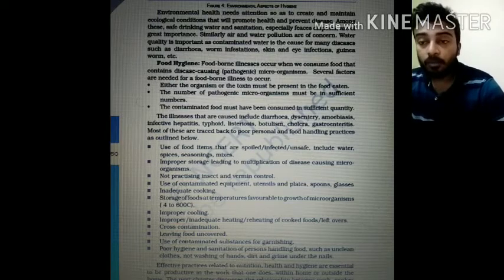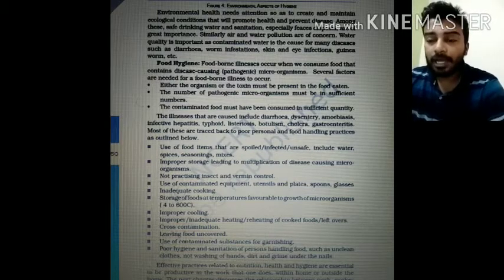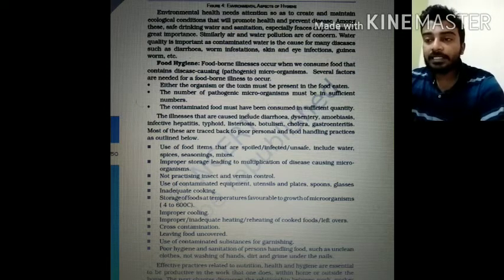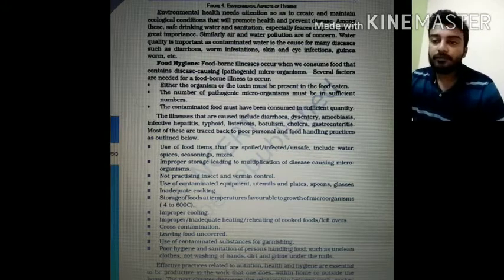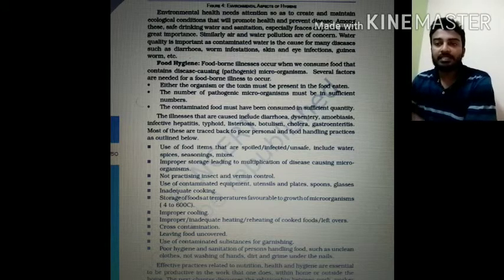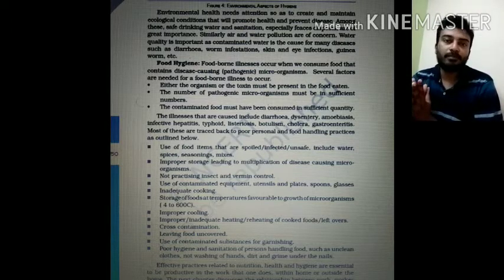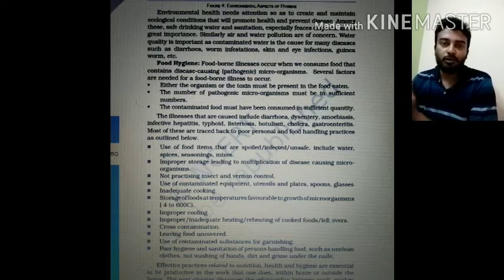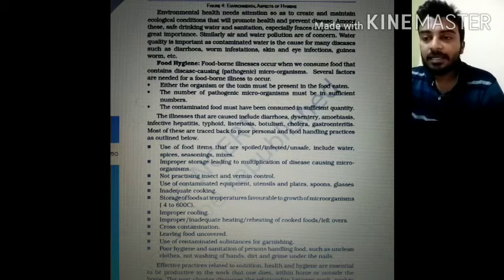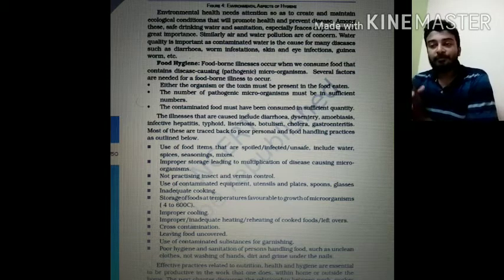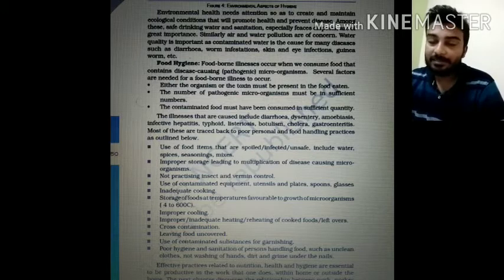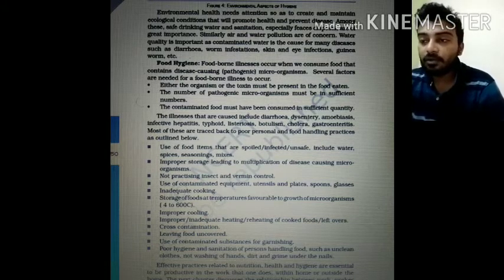Number one, use of food items that are spoiled, infected, unsafe, including water, spices, seasoning mixes. These can be included in your poor food handling practices. Number two is improper storage leading to multiplication of disease causing microorganisms.